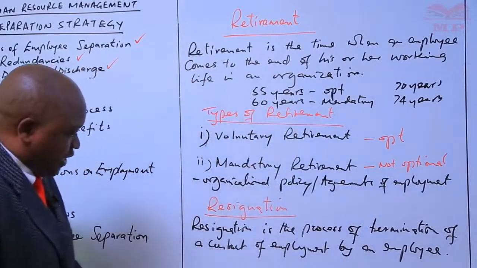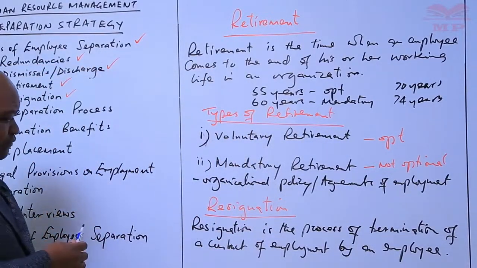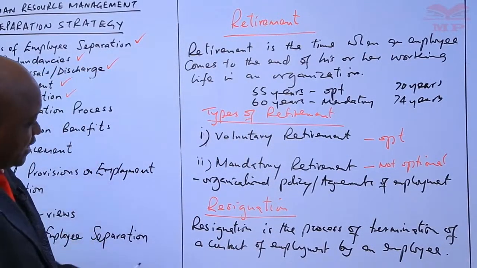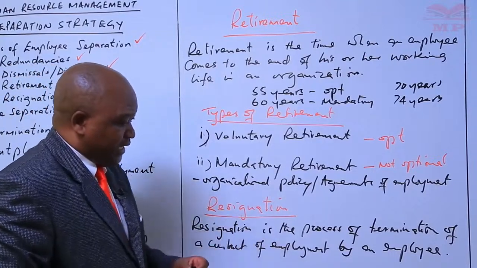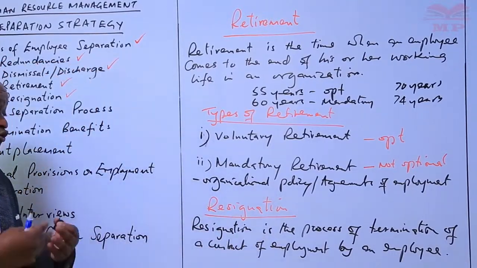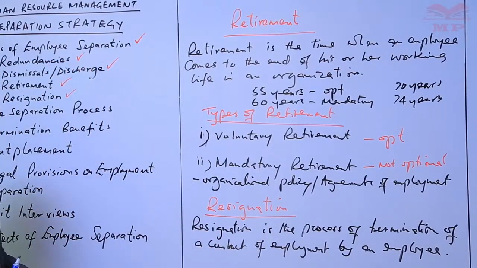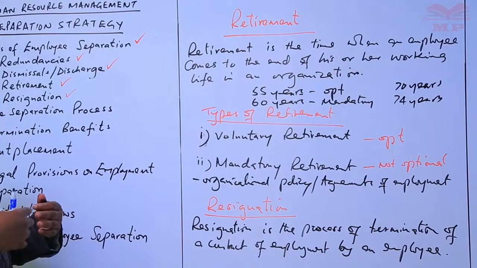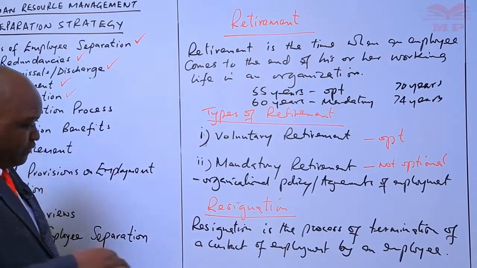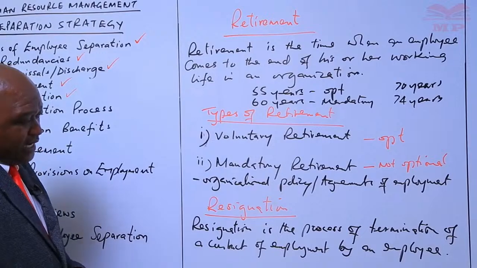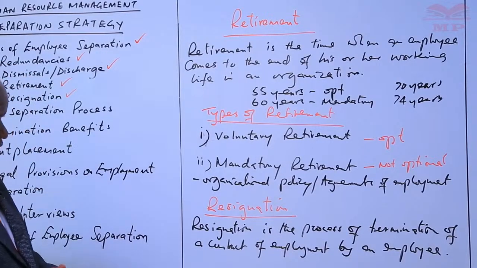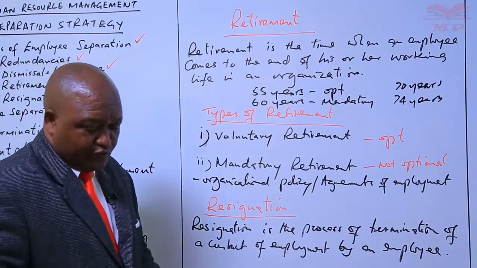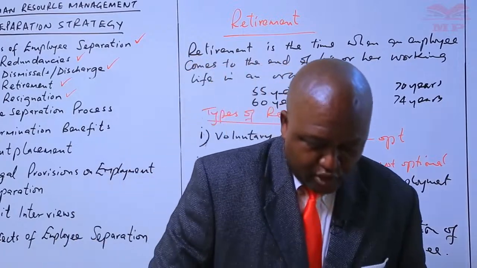So this is a situation where, the same way an employer can terminate the services of an employee, the employee also has the option to terminate a contract of employment. This is initiated by the employee, and the resignation may require a particular procedure to be followed.